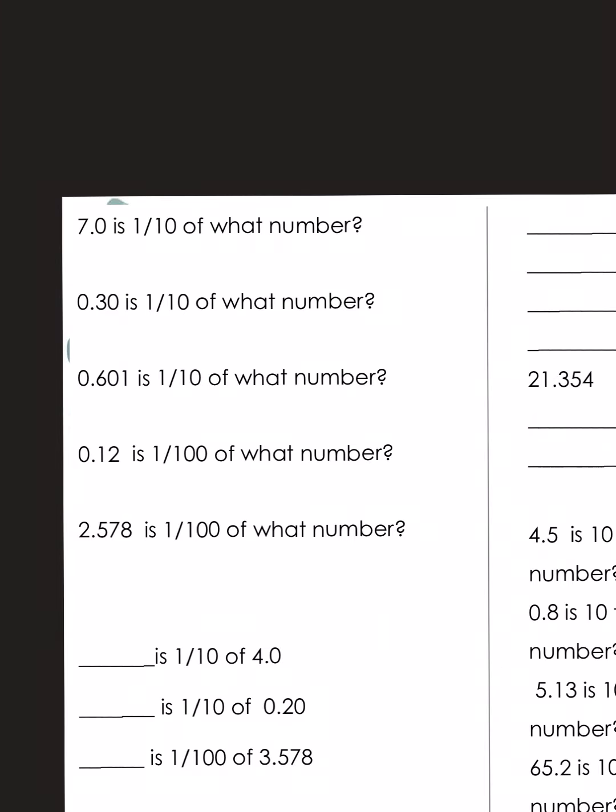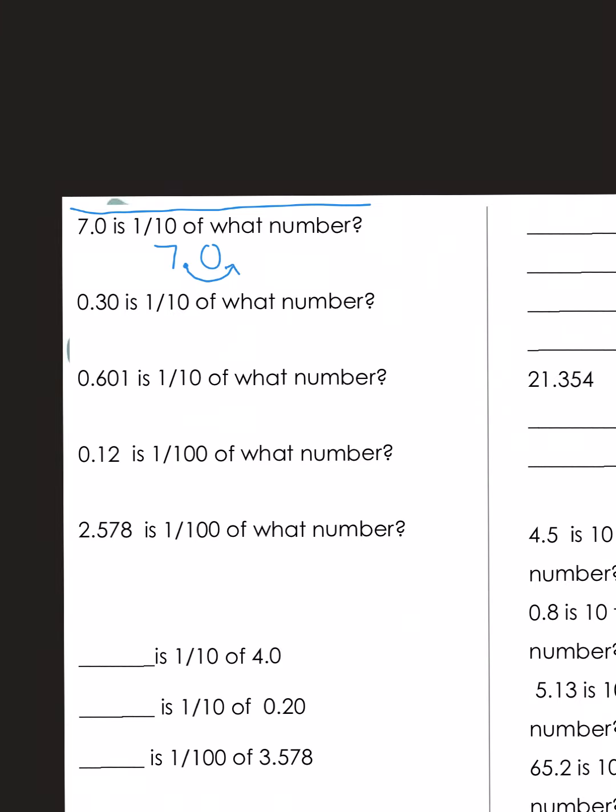When reading this first question, 7.0 is 1/10 of what number? You should think about it as 7.0 is the smaller fraction, a small part of what larger number? When we want to find the larger number, we have to make our decimal move to the right.